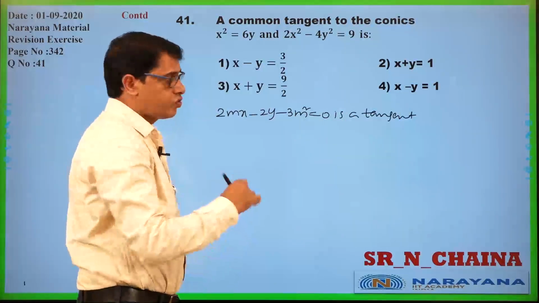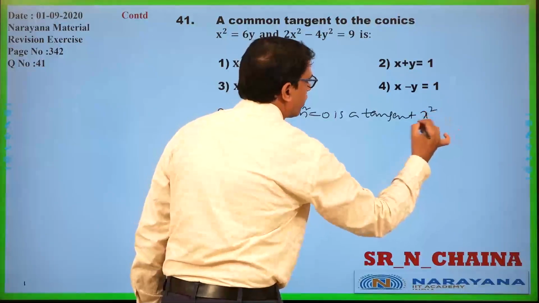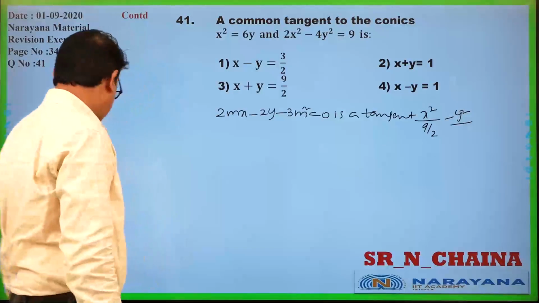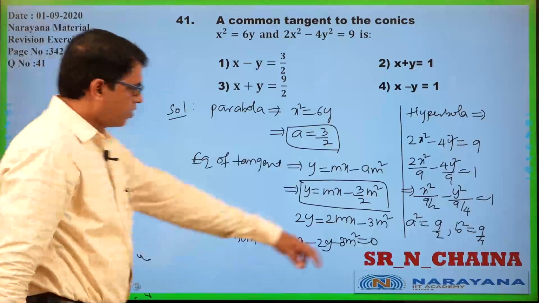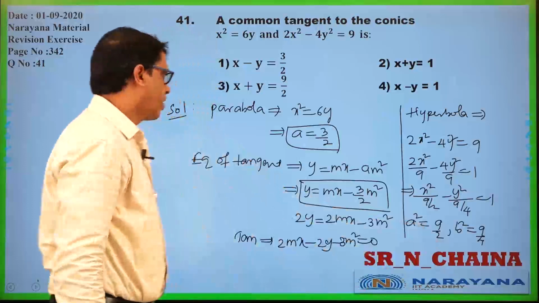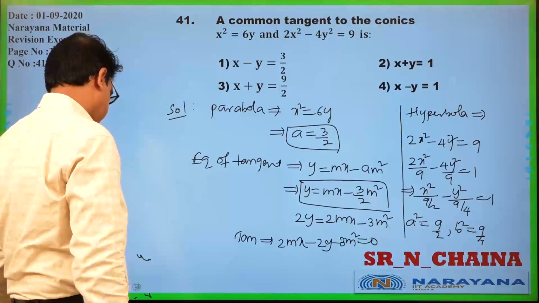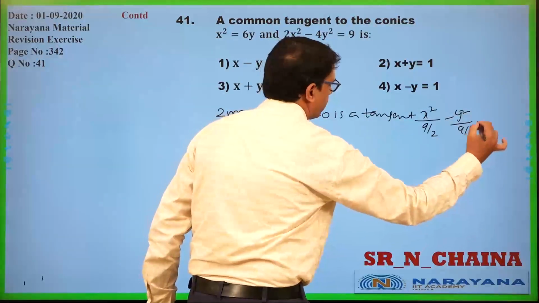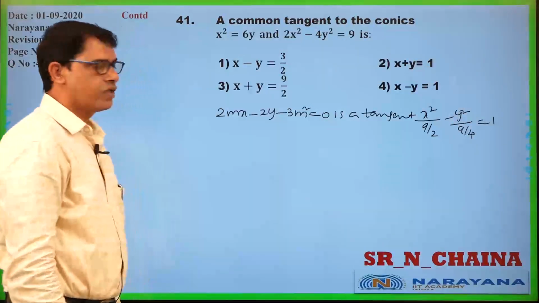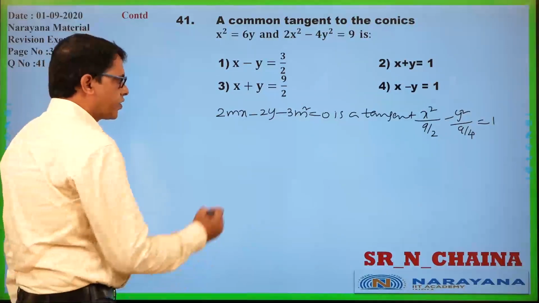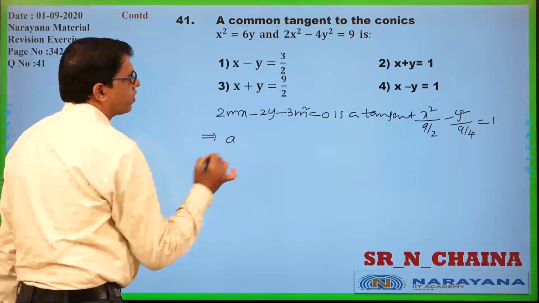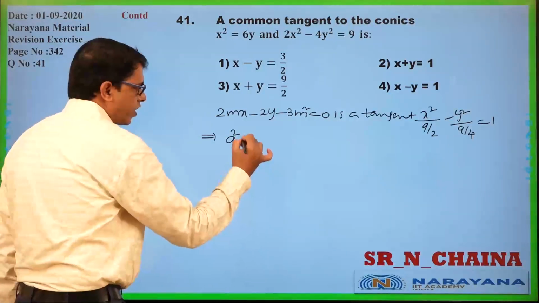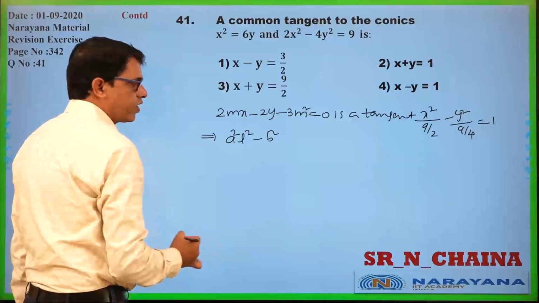Tangent to x square upon 9 by 2 minus y square upon 9 by 4 equals 1. Then what is the formula? A square L square minus b square m square.